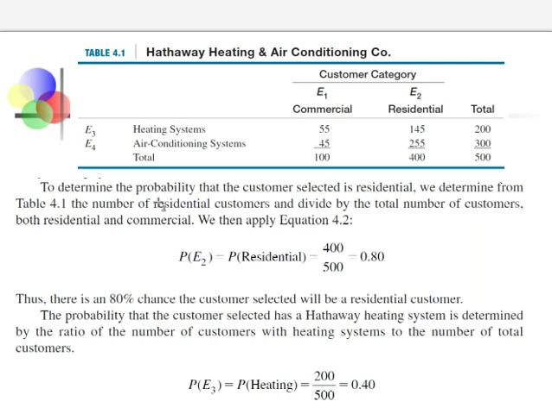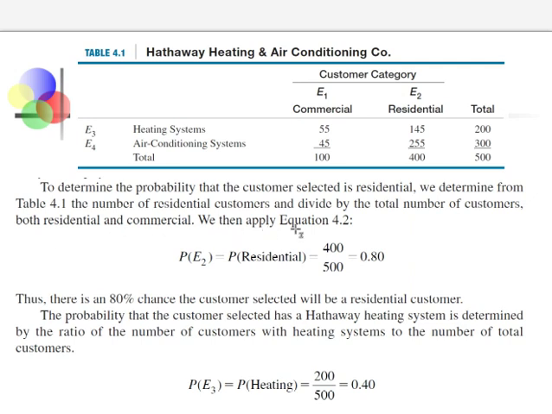To determine the probability that the customer selected is residential, we determine from table 4.1 the number of residential customers and divide by the total number of customers, both residential and commercial.